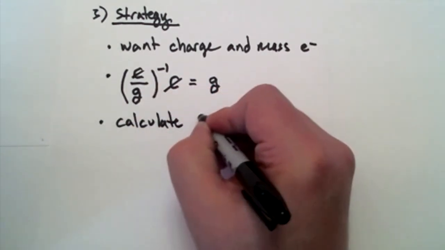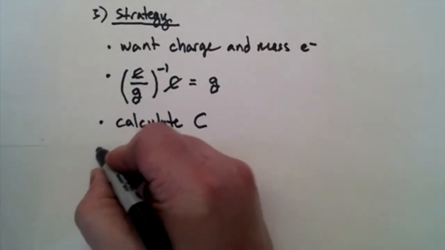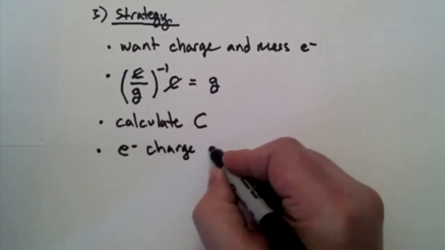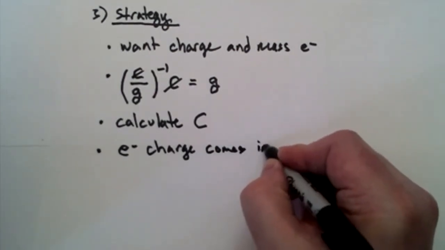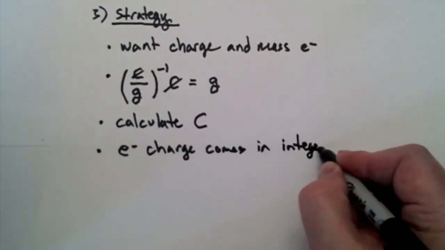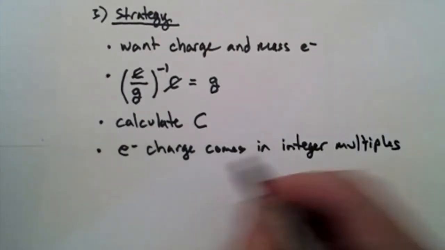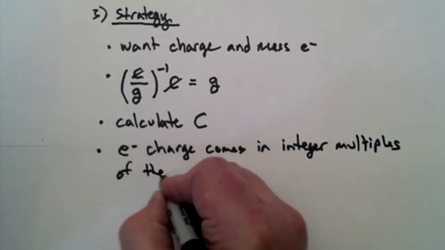Now what we have to do is calculate the charge. What we know is that we can get the charge of an electron by assuming that the charges on the oil droplets are going to come in multiples of the charge of one electron.